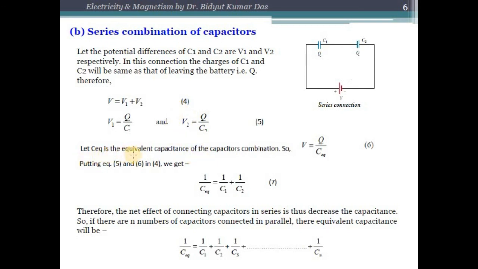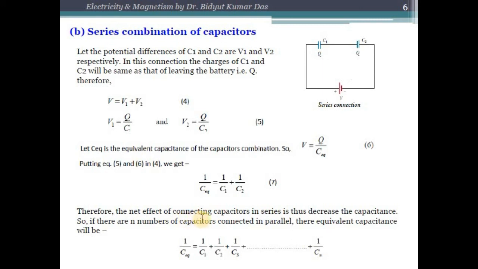If C equivalent is the equivalent capacitance of the combination, then it can be represented as this. And so if we put equations 5 and 6 in equation 4, then we get relation 7.